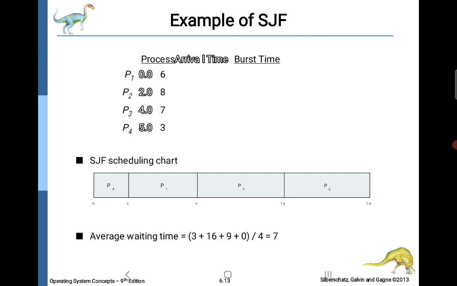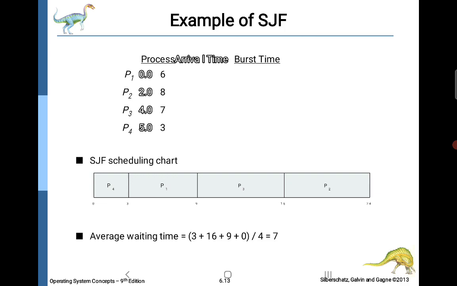There was no one in the ready queue before P1, so P1 will be immediately allowed into the CPU. P2 came at time 2 and it needs 8 time units. P3 came at time 4 and it needs 7 time units. P4 arrived at time 5 and it needs 3 time units.